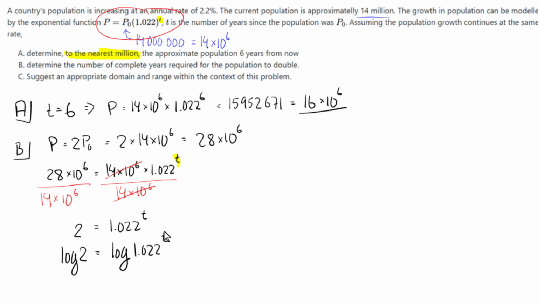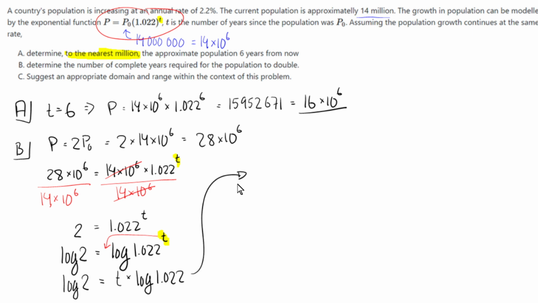So this exponent here can now be moved as a numerical coefficient in front of the log. So on the left hand side it remains log 2. On the right hand side we're going to end up with t times log 1.022.